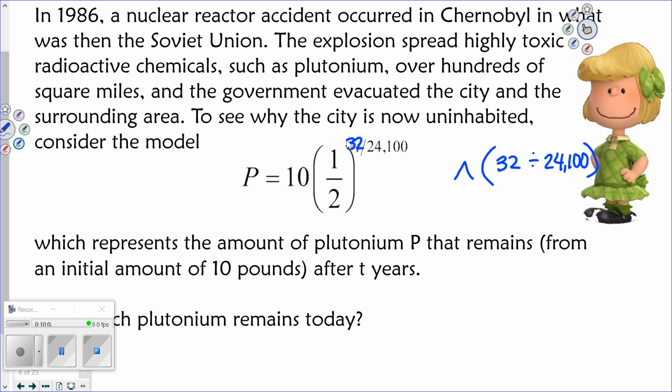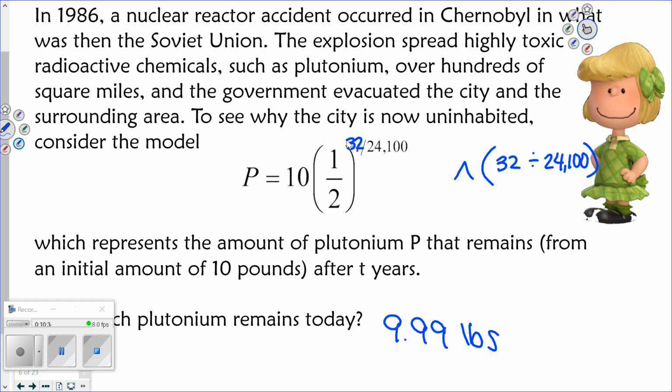How much plutonium is left, if it started with 10 pounds? It's been 32 years. So give me the answer to the nearest hundredth. So 9.99 to the nearest hundredth, because I think the next digit's a 0, right? In 32 years, look how much plutonium still remains.